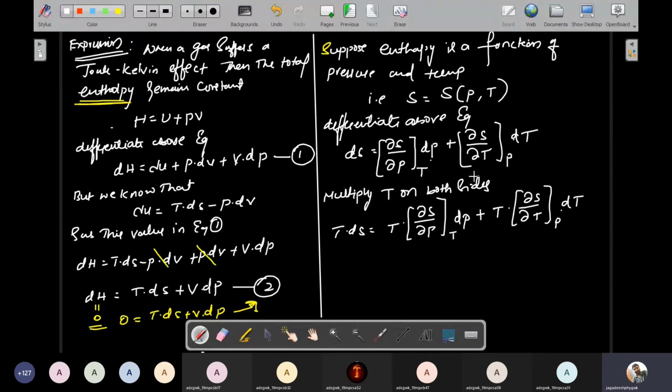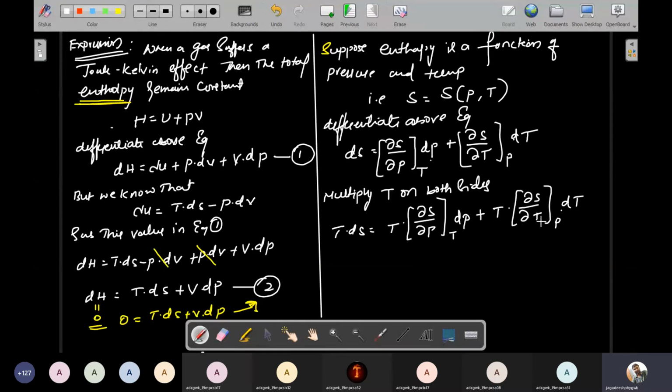So both sides we are multiplying the above equation by capital T. I'm not changing this equation as usual; I'll place this equation into the next step.